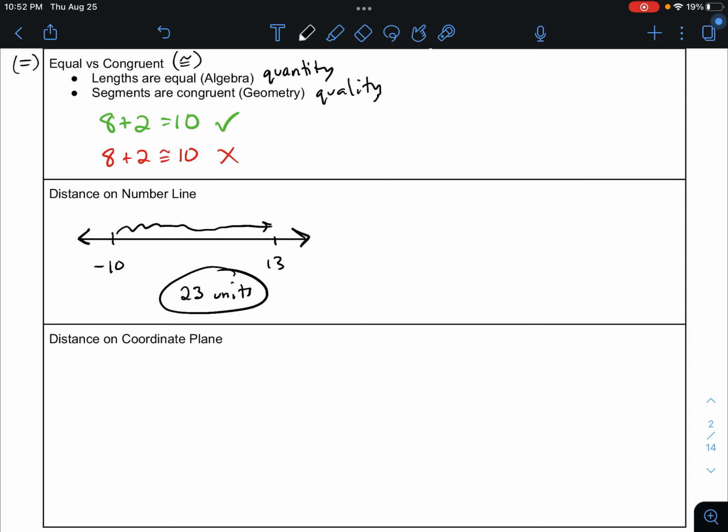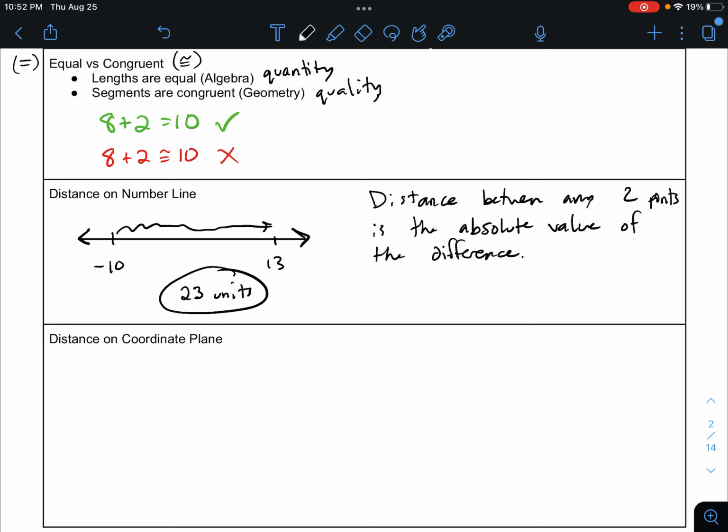The idea is that the distance between any 2 points is the absolute value of the difference.